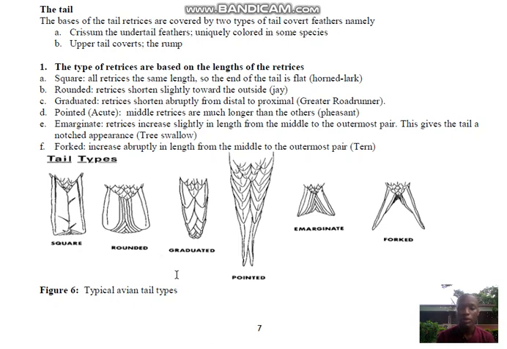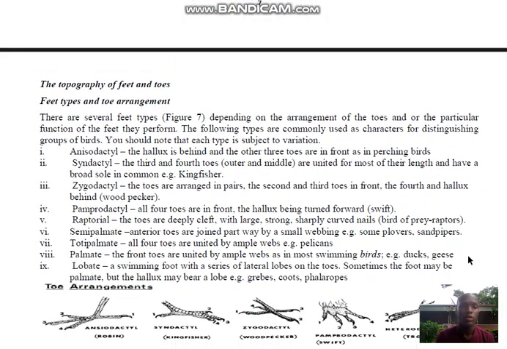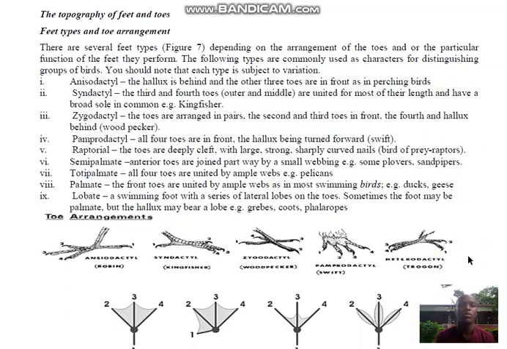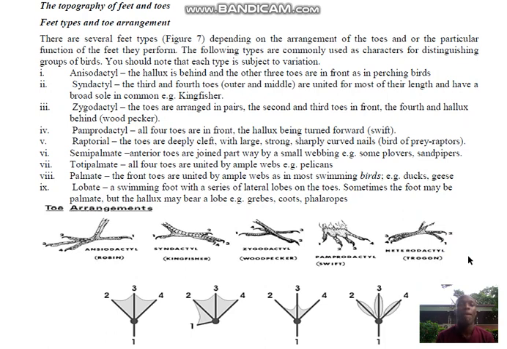Now we go down to the topography of the feet and the toes. For the feet, we have several types of feet and toes, and this gives a main description of the bird groups and may be used to group birds. This is among the topographical, or external, features used to group birds.